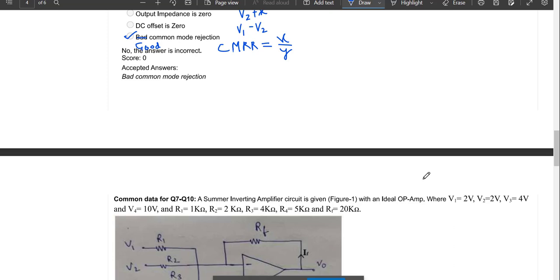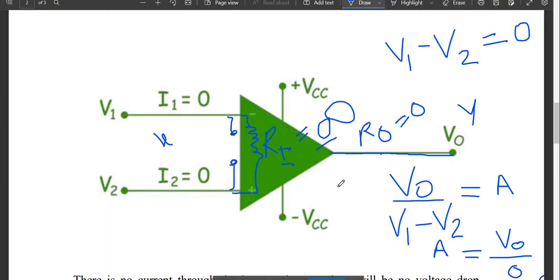Ideally, we want all the voltage, whatever is the output, out from the output port of the circuit.